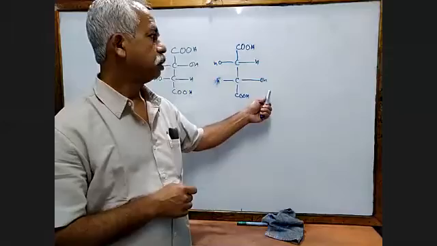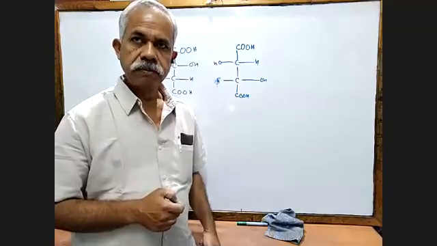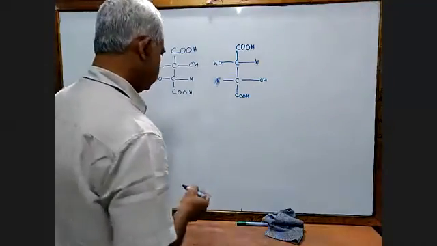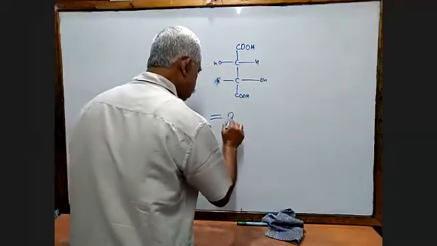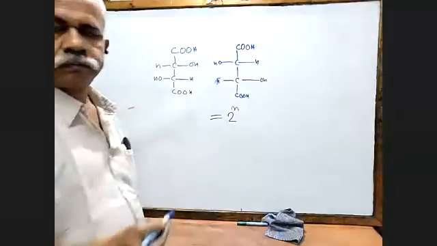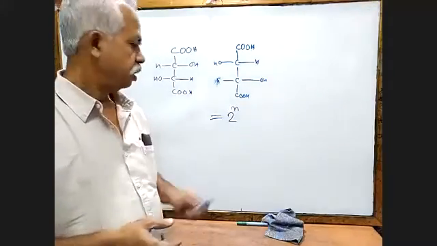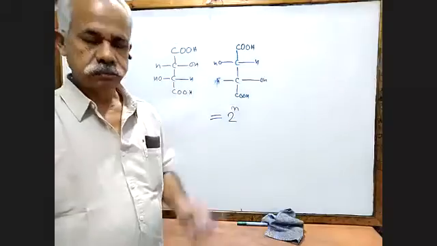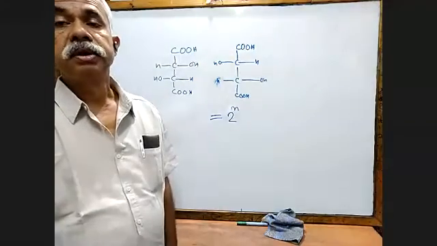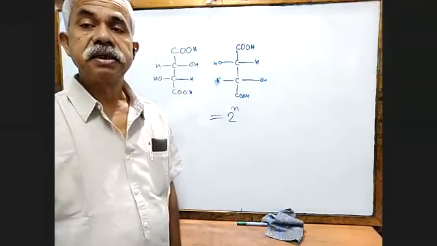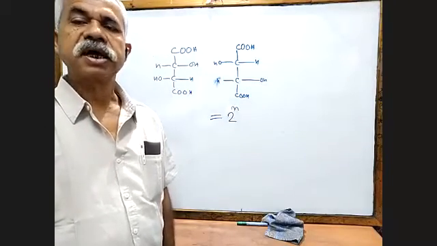So before this, please write down in your copy: number of optical isomers equals 2 to the power n, where n is equal to the number of asymmetric carbon atoms or asymmetric centers or chiral centers.